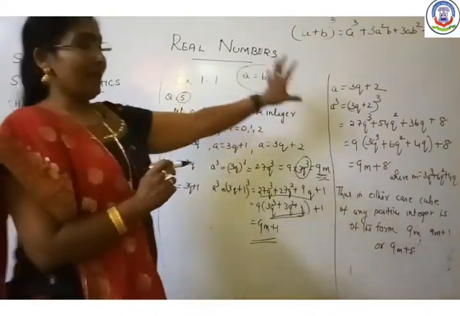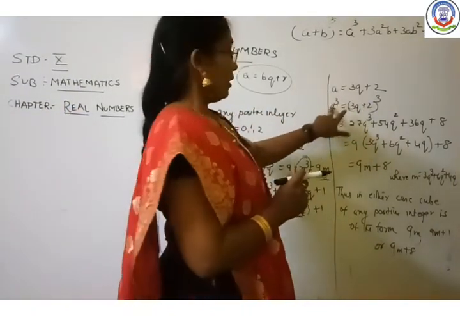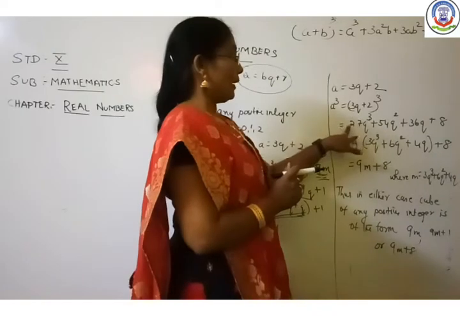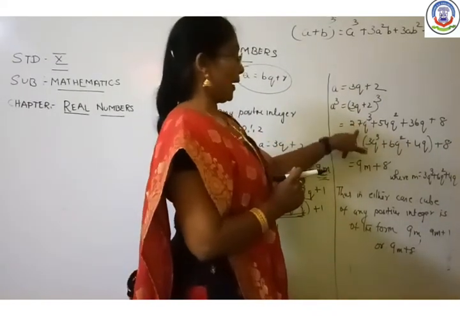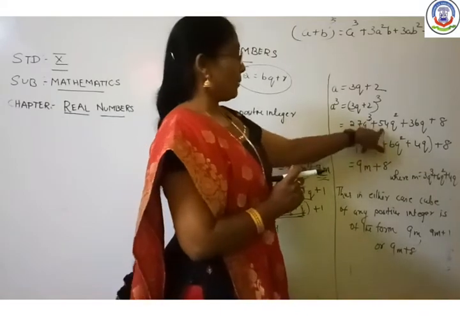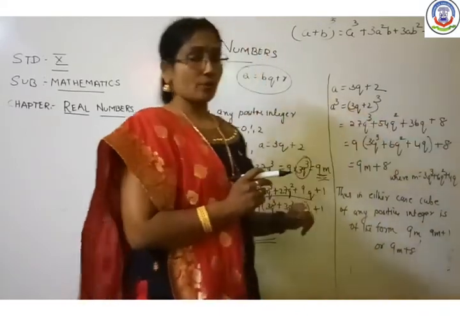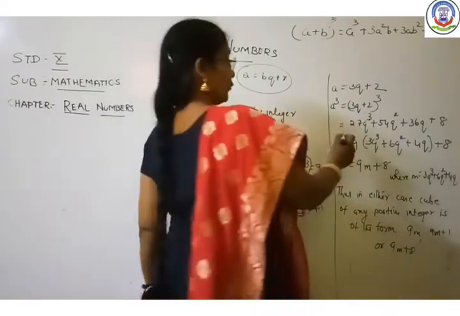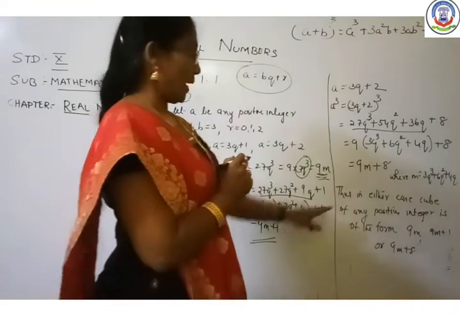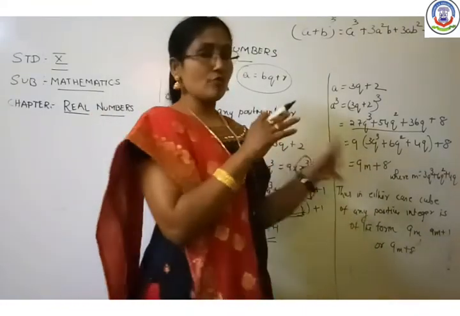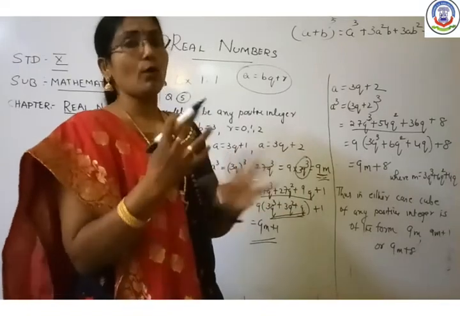Now come to the last case, that means a is 3q plus 2. When you are cubing that, again you apply the same formula. You are going to get 27q cube plus 54q square plus 36q plus 8. Here also, out of these terms, we can take 9 as a common factor outside, because we have to prove that the cube of this integer is in the form of 9m plus 1 or 9m plus 8.